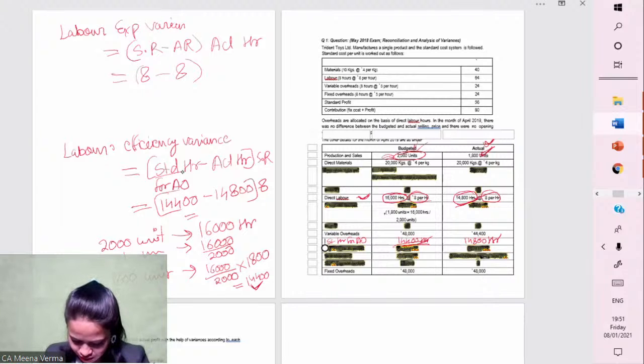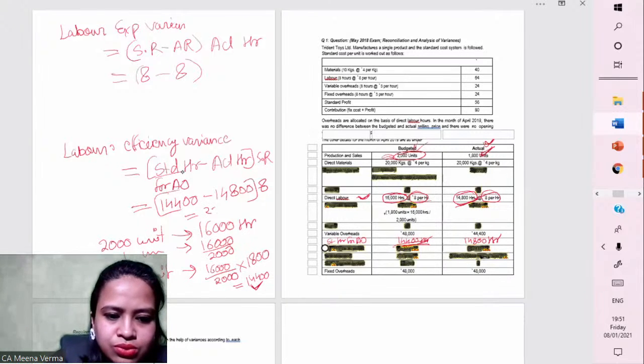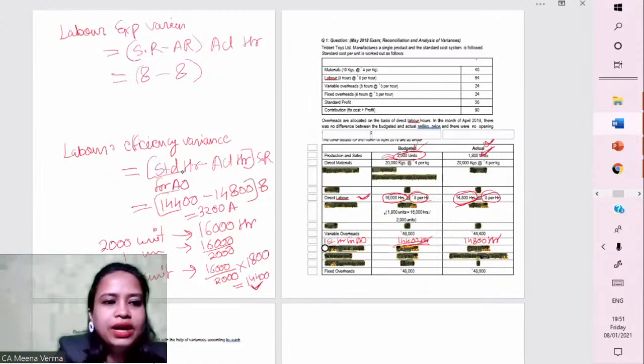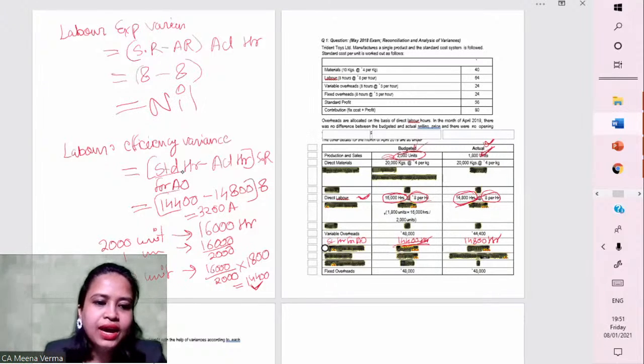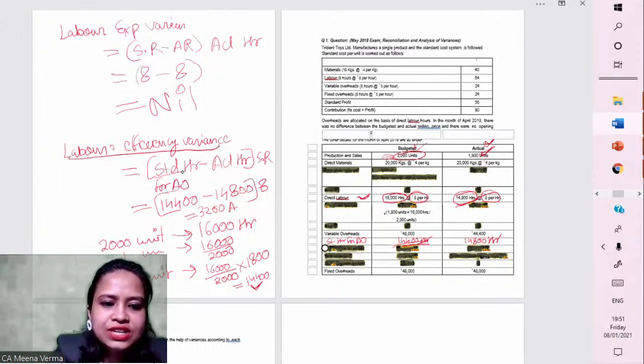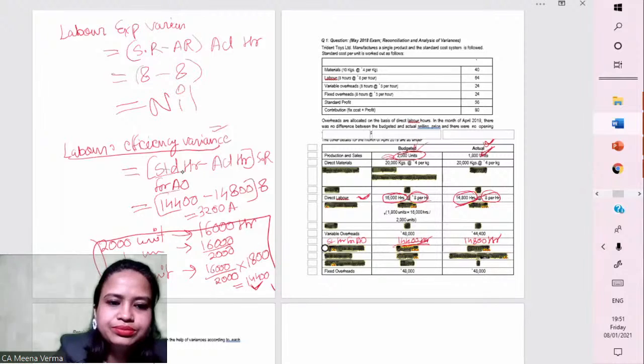Okay, very nice, you have given me answer. This is 3200 adverse, I hope, and this is nil. Okay, labor expenditure variance is nil and labor efficiency variance is what? 3200 adverse.